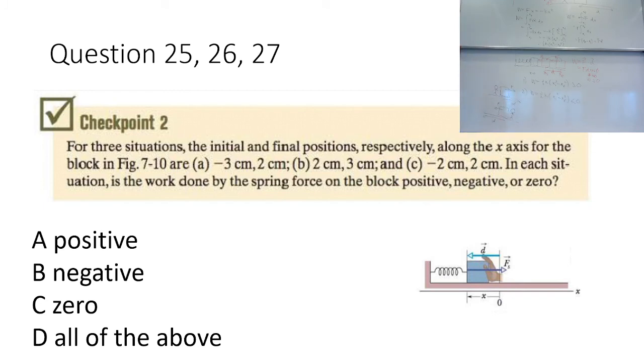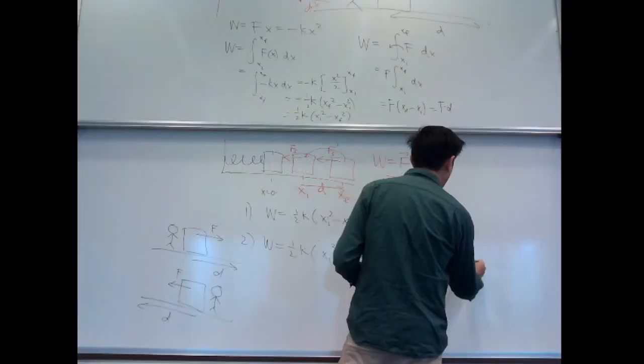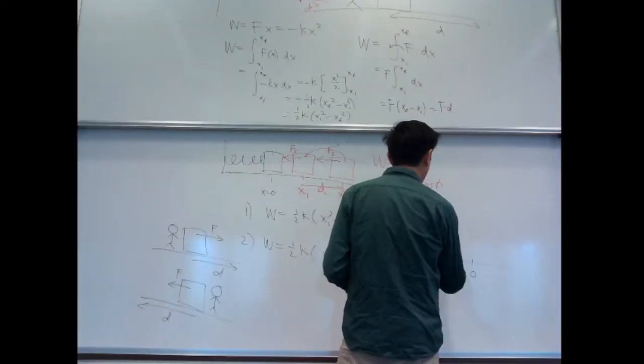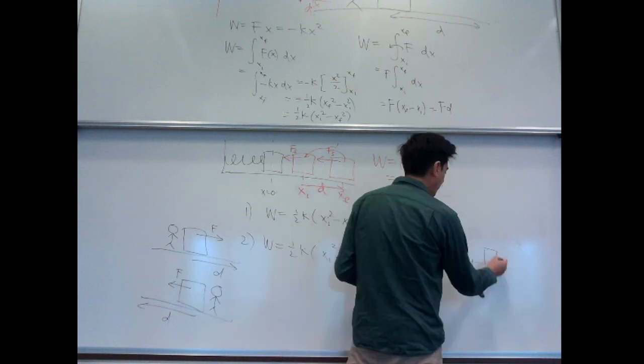Now this is a little bit more complicated situation than what I was talking about over here. So let's think about that a bit. This is the equilibrium position here. So what's happening is that we've got the spring here. Over here it's compressed, and then we're comparing it to the situation here.